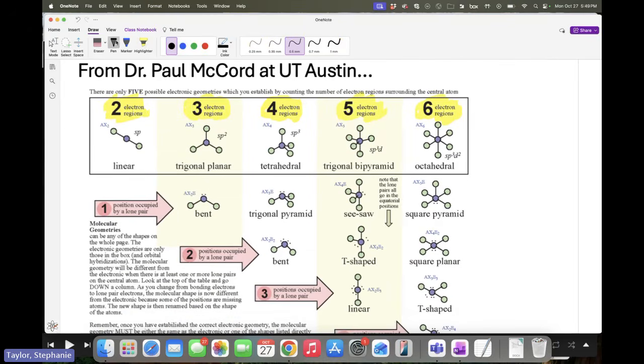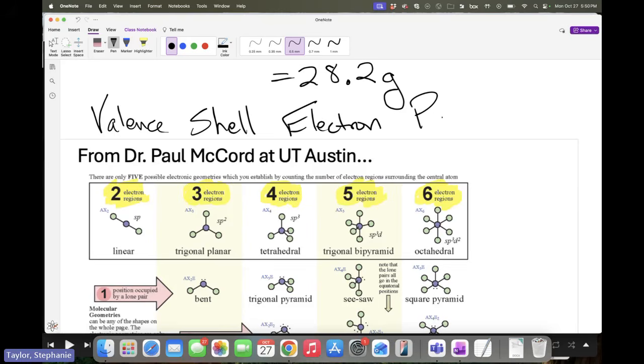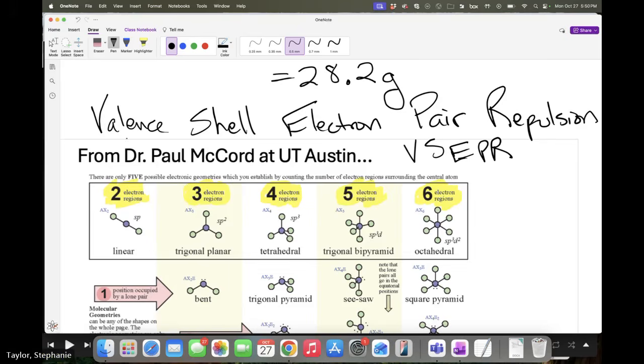So this is called valence shell electron pair repulsion. That's where VSEPR comes from. VSEPR. Valence shell electron pair repulsion.